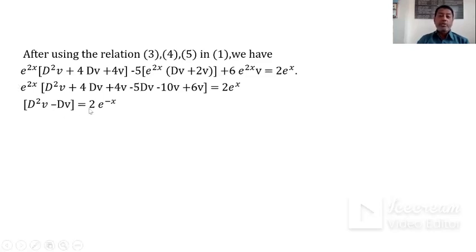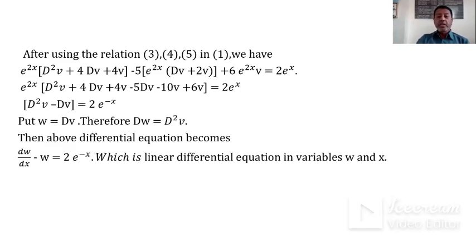In this equation, remember, the coefficient of v always comes to be 0. There is no term of v in this equation. Now in this equation, again we take the substitution w = v', therefore w' = v'', and with this substitution we convert this differential equation into a first order first degree differential equation.